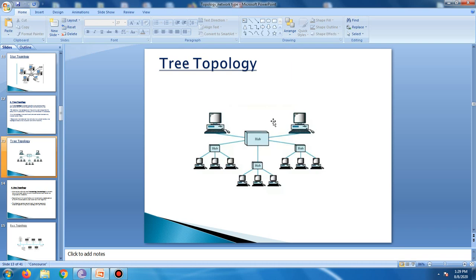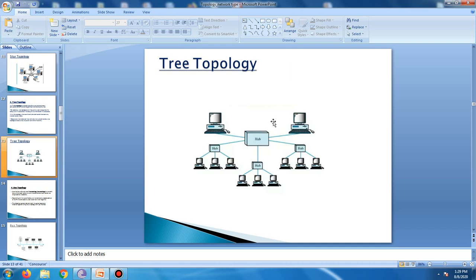A tree topology is a variation of star. As in a star, nodes in a tree are linked to a central hub that controls the traffic to the network. However, not every device plugs directly into the central hub. The majority of devices connect to a secondary hub, which is in turn connected to the central hub.